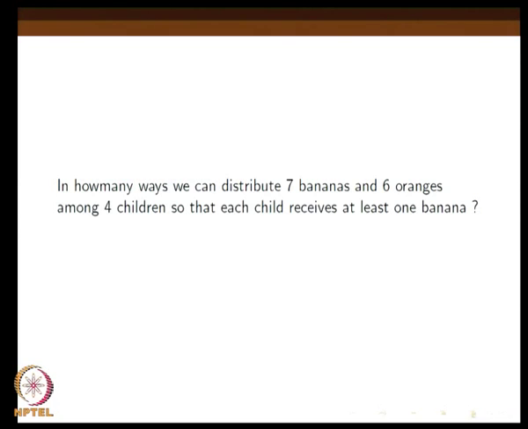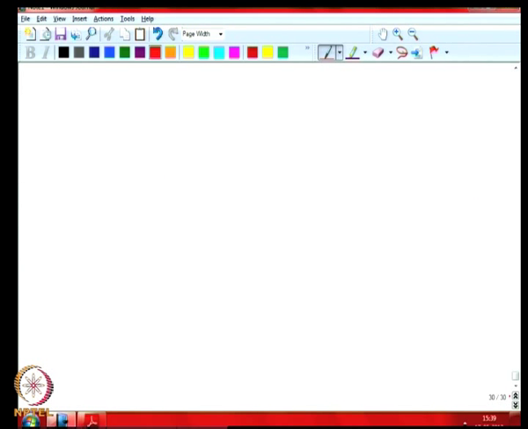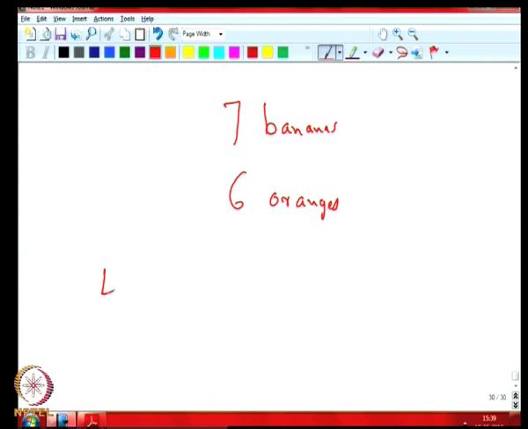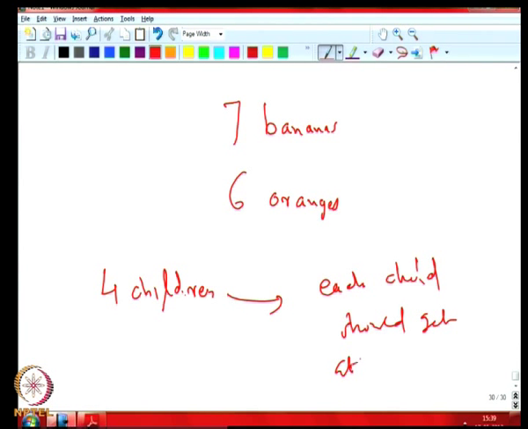This is also the same kind of problem, but here we have 7 bananas and 6 oranges, and 4 children. The only condition we have placed is that each child should get at least one banana.